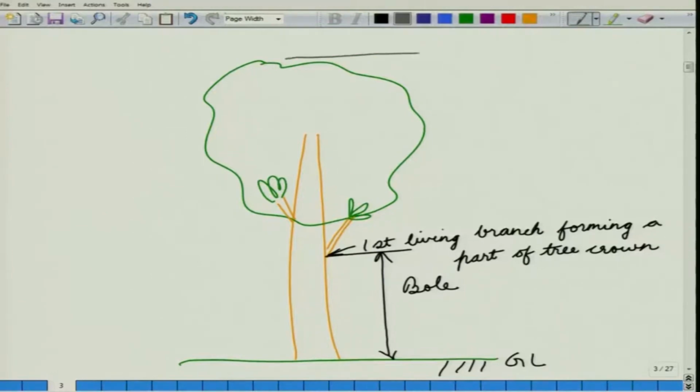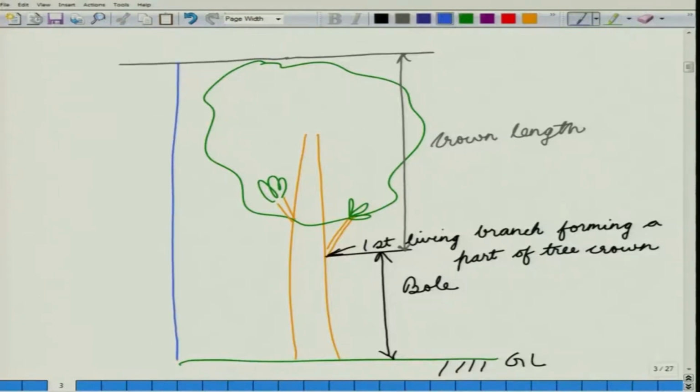This is what is known as the crown. This would be called the crown length. Now, as we have seen previously, this is the total height of the tree. This total height is divided into two portions.